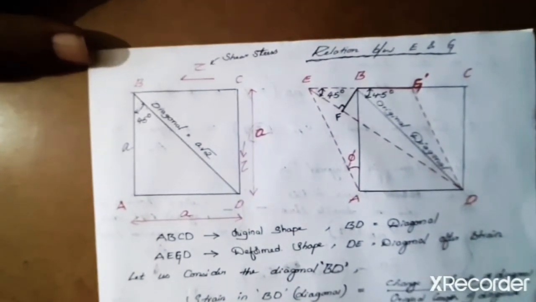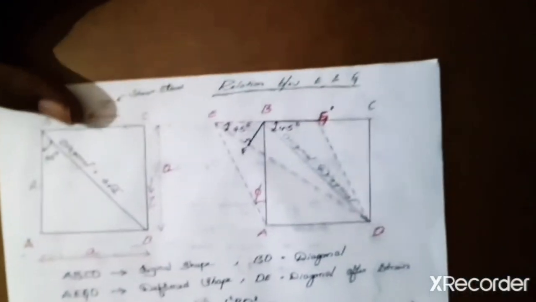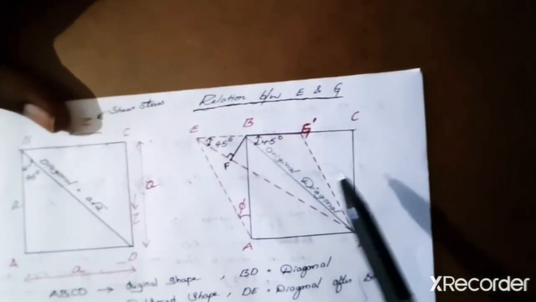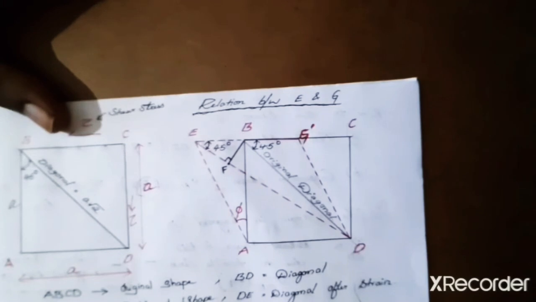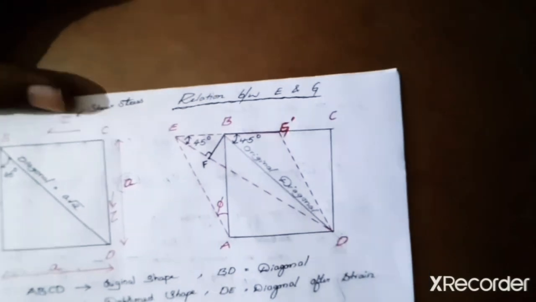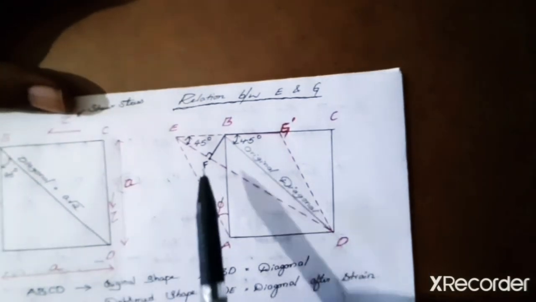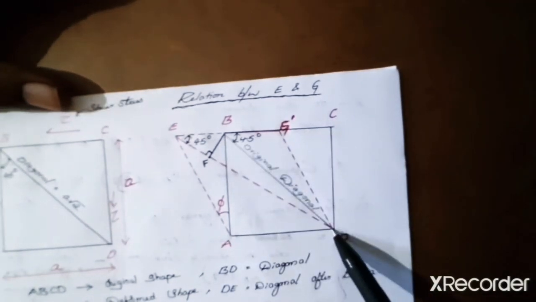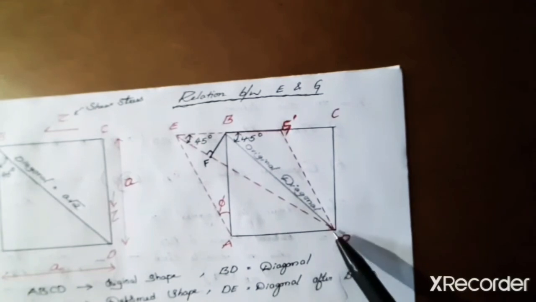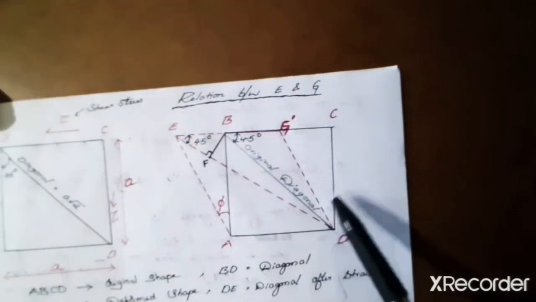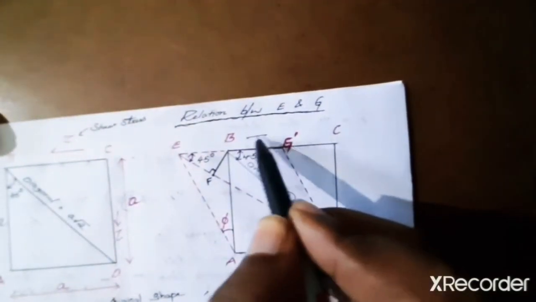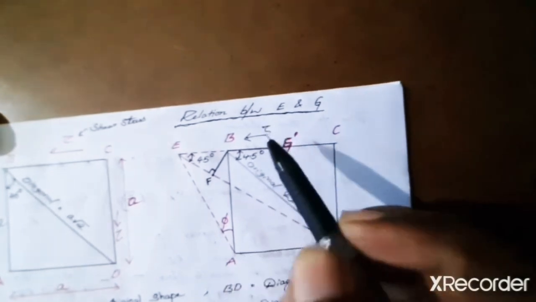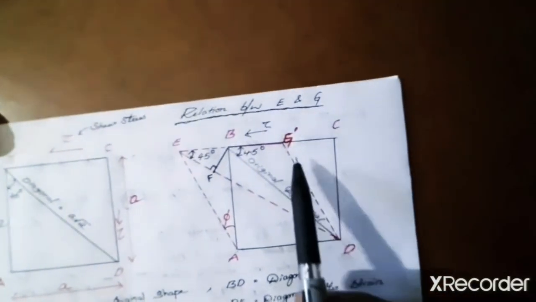So now the body is going to deform. If you see this figure over here, it represents the deformed body. As you can see here, ABCD is the original shape of that body.